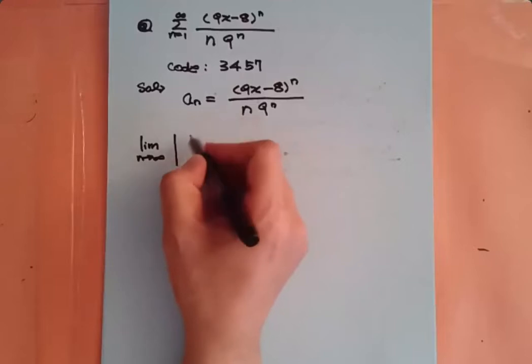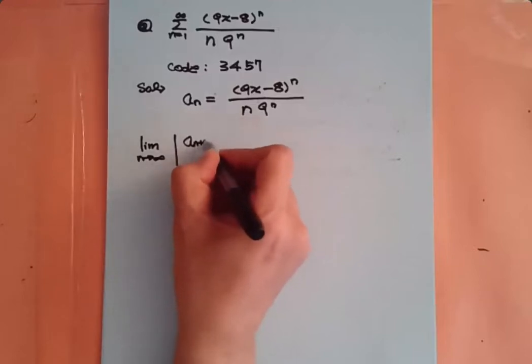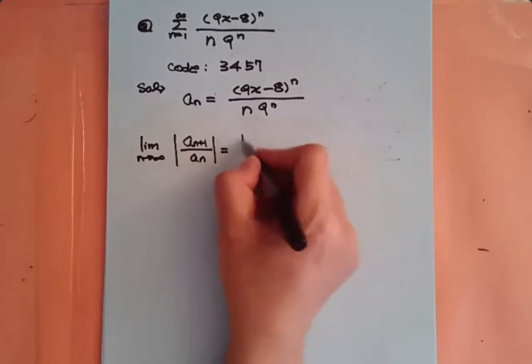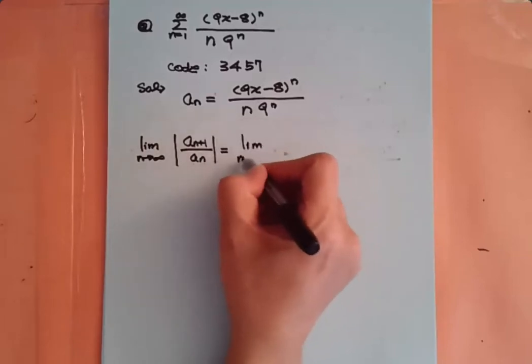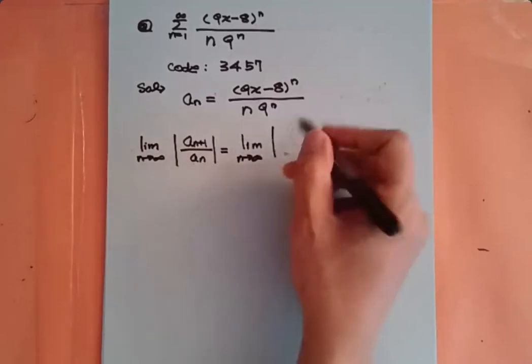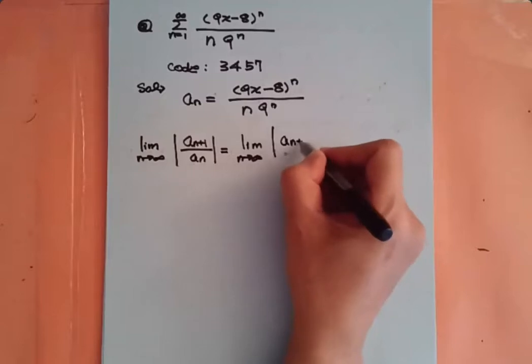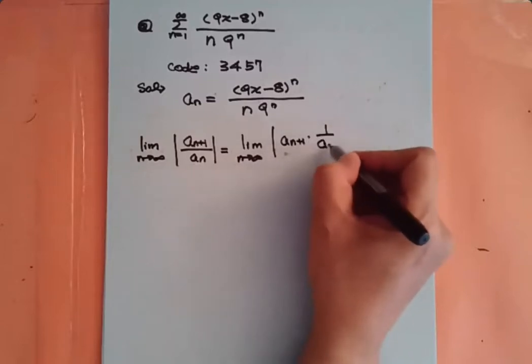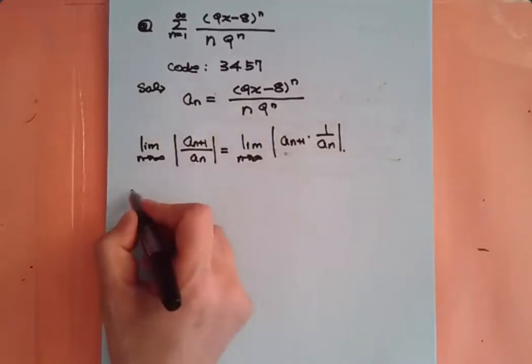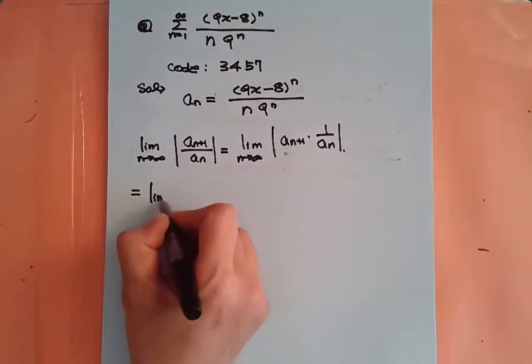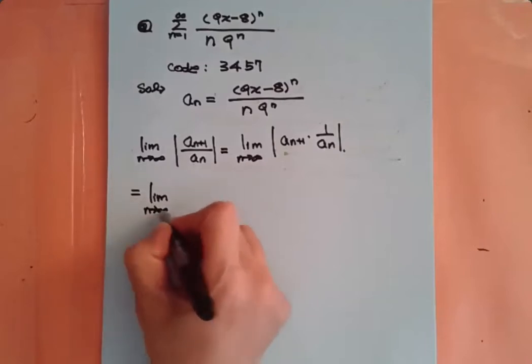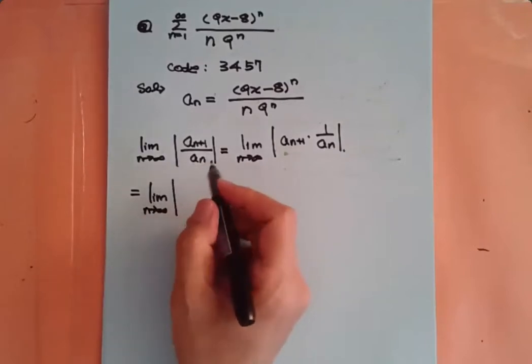Limit n goes to infinity, an plus 1 over an. So that equals limit n goes to infinity, an plus 1 times 1 over an. And then we just do substitution.